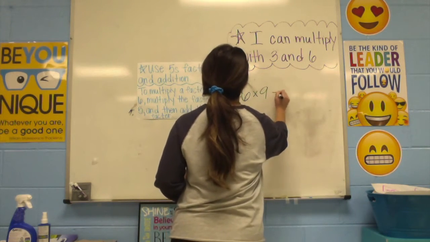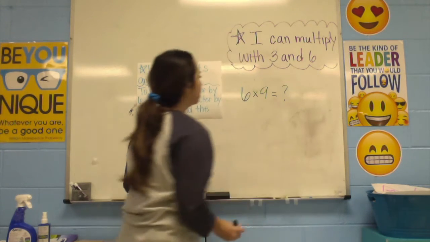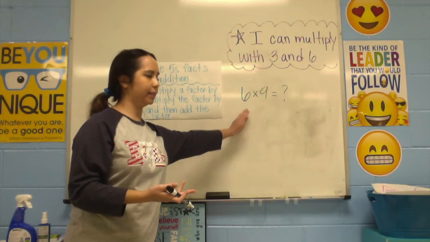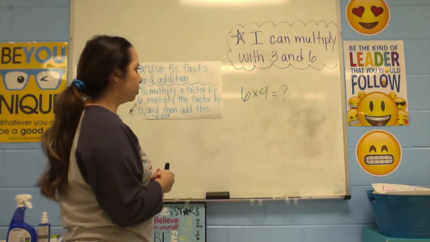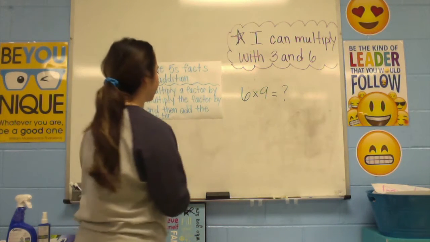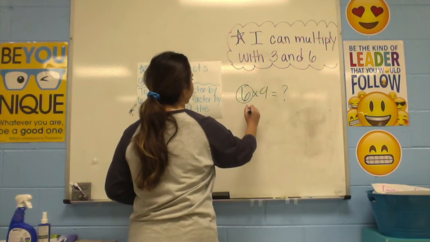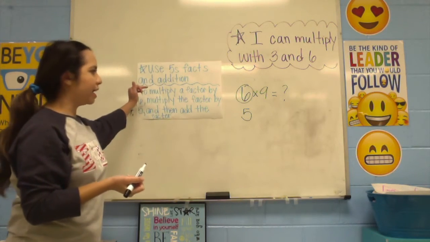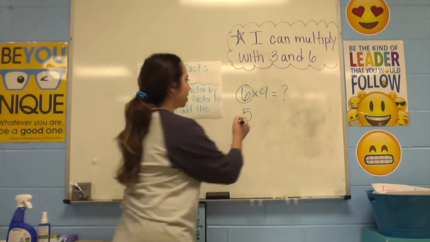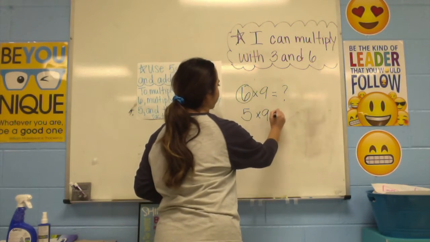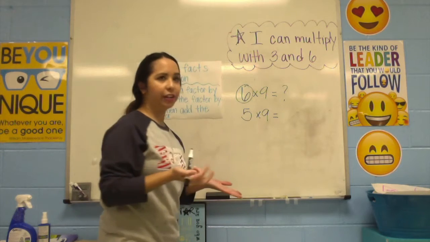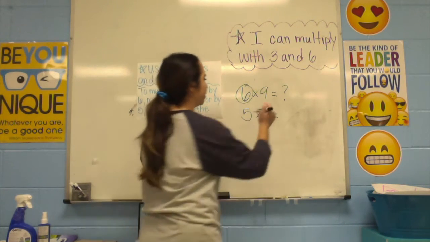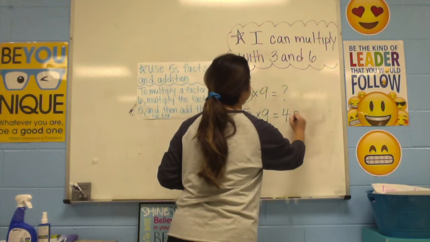I only use 5's facts when I have a factor that's 6, so I'm going to change the 6 into a 5. 5 times 9, I can skip count by 5s on my fingers or draw a picture, is 45. But we're not done yet.